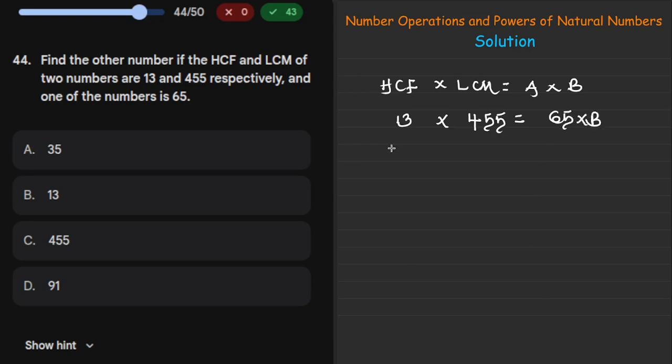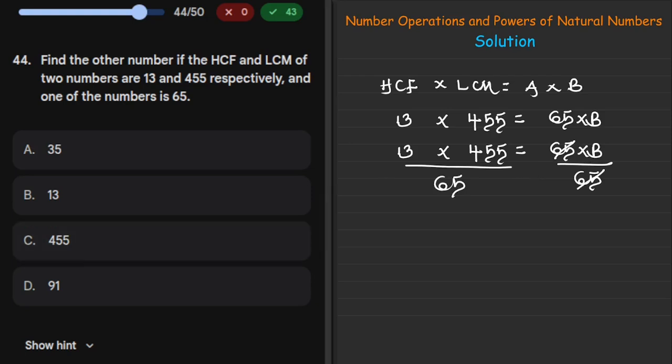Hence, if we want b, the only thing we need to do is to make b the subject. Making b the subject here simply means dividing both sides by what? 65. So that this 65 takes out this 65.